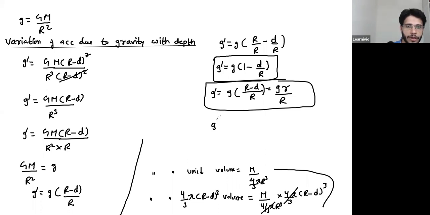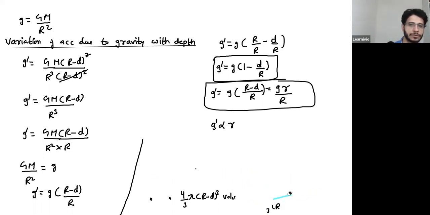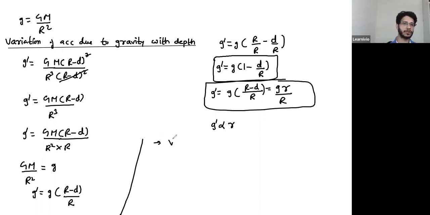If you look at this, g prime is directly proportional to r, where r is the separation from the center. This negative sign simply tells you that the value of acceleration due to gravity decreases with depth. As you keep on increasing the depth of the body, its acceleration due to gravity decreases.